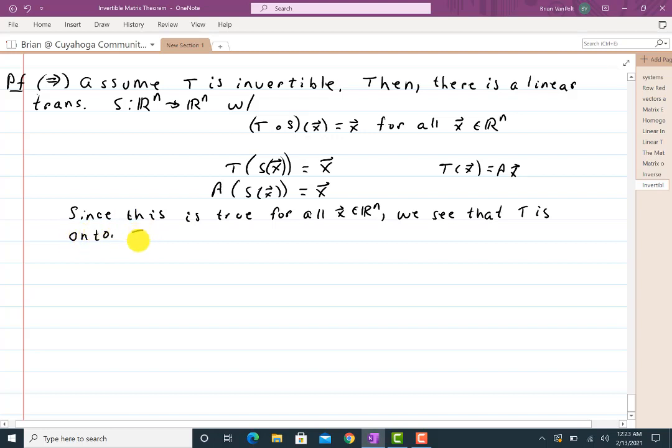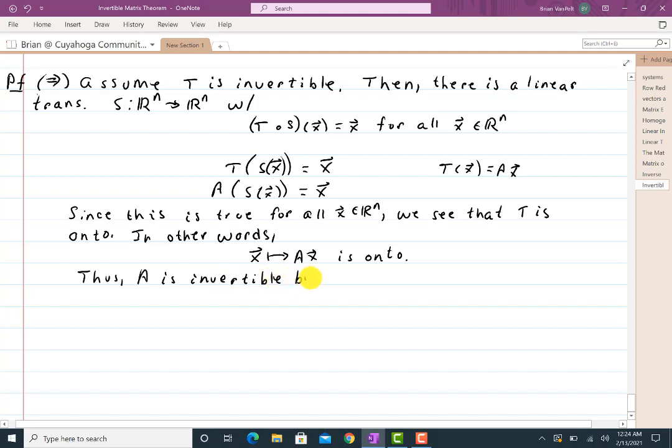In other words, the mapping x to Ax is onto. Thus, A is invertible by the invertible matrix theorem.